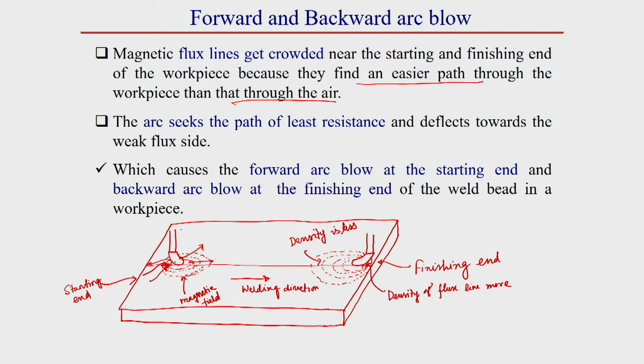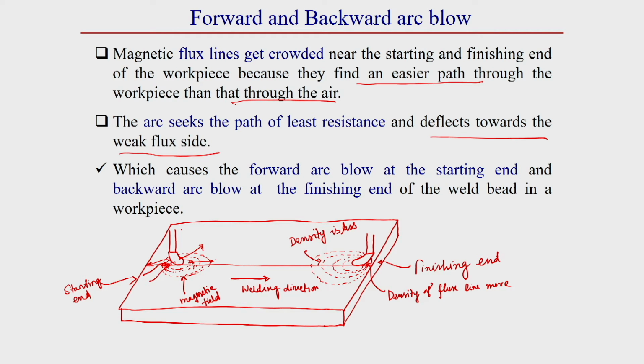Due to this, generally the arc seeks the path of less resistance and deflects toward the weak flux side, or we can say the less flux density side. Due to that, in arc welding, at the starting end and at the finishing end, this is called forward arc blow, the arc blow that occurs at the starting end, and this is generally called backward arc blow.